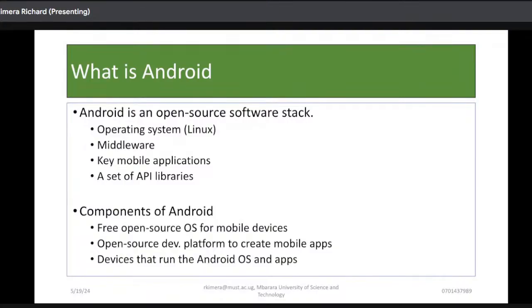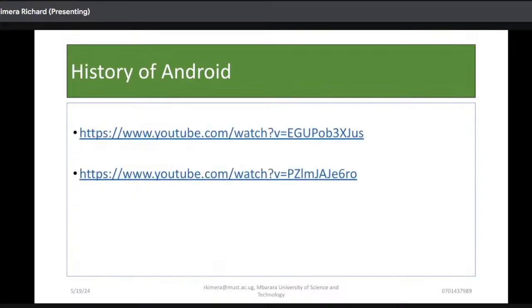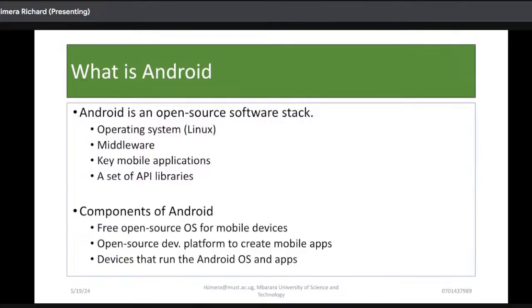As you know, when you look at operating systems, even the Windows you're using, you have different versions of your Windows operating system. I think at the time we had Windows XP, at least for those I used.